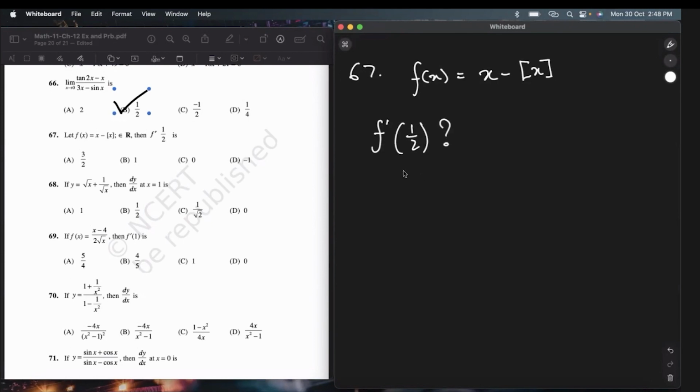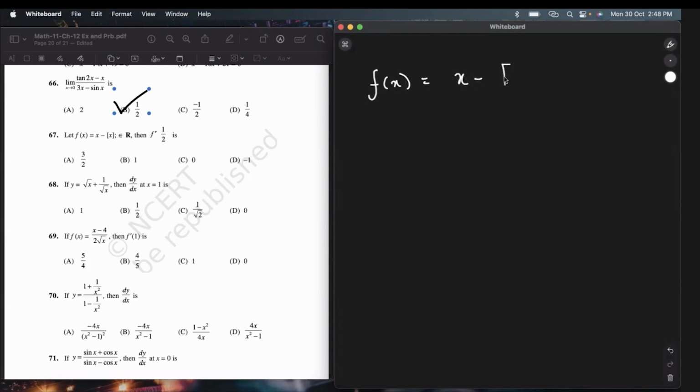Now, what can we do for this? Basically, I have my f(x), which has been given to me, and it is nothing but x minus GIF of x.